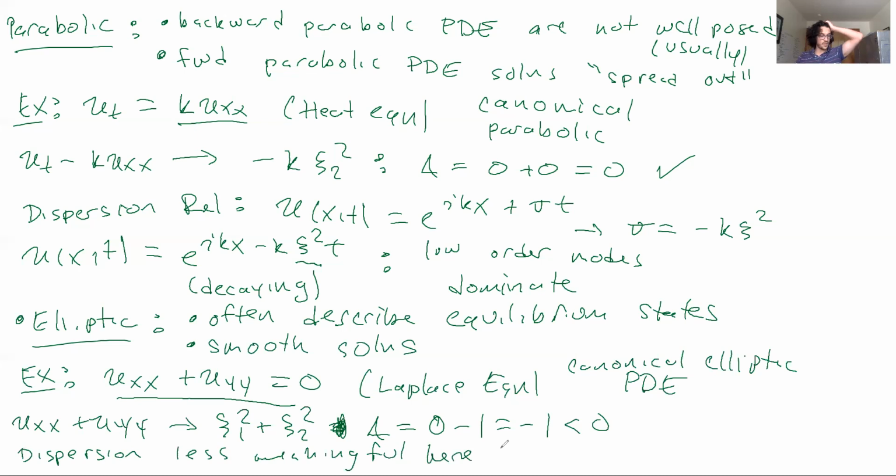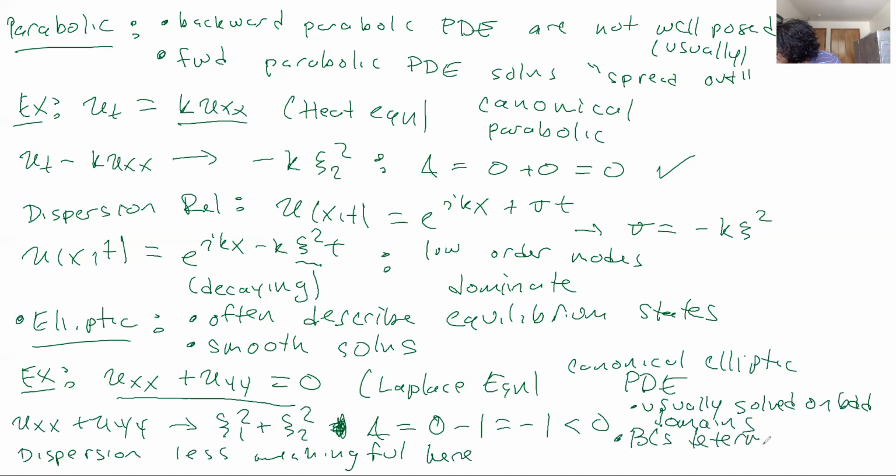Because we're usually not thinking about things that travel long in time, okay? And this is a type of equation that's usually solved on bounded domains, okay? And so in that case, the BCs determine our solution, okay?